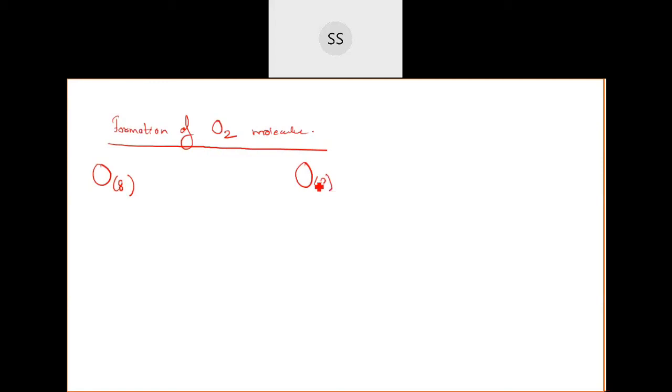So here I can write the electronic configuration 1s2, 2s2, 2p4. Here also, on this side, one more oxygen atom, 1s2, 2s2, 2p4. Now see here, in the p orbital there are 4 electrons, 1, 2, 3 and then 4. Another p orbital also has 4 electrons, 1, 2, 3 and then 4.